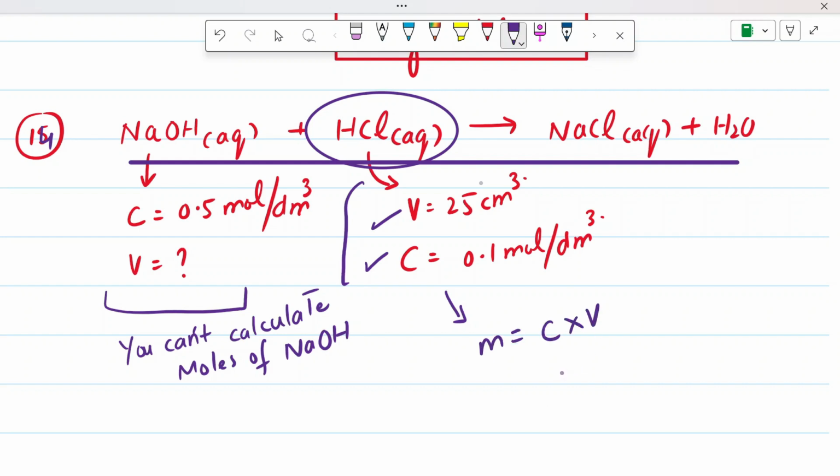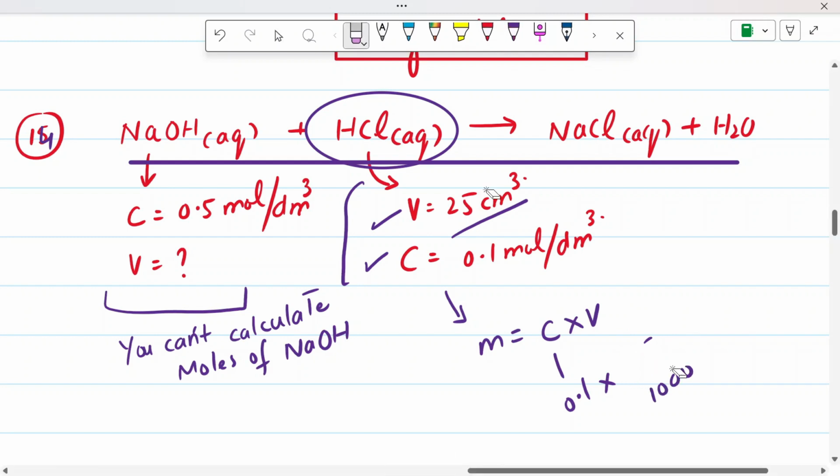Concentration times volume. But volume has to be taken in cubic decimeter. I'm going to repeat it for you. So concentration is 0.1 times the volume. Volume is 25 over 1000, right? Or you can also write it like 0.025. What is the answer?